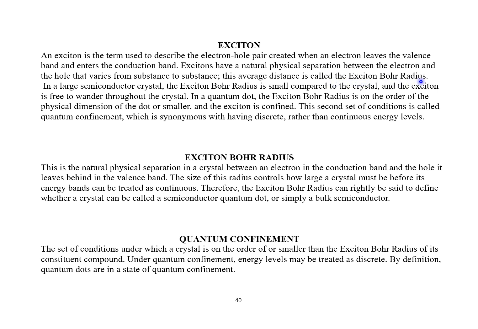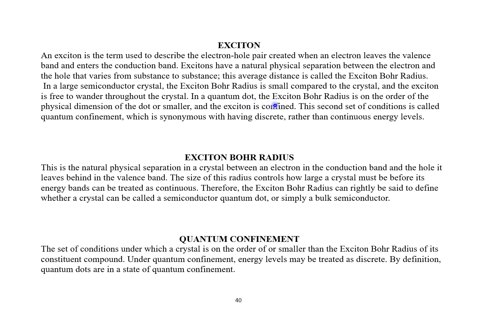تسمى بال exciton Bohr radius. In a large semiconductor crystal معناته بال bulk, the exciton Bohr radius is small compared to the crystal, and the exciton is free to wander throughout the crystal. فطبعا بالكريستال بال bulk راح تكون ال exciton Bohr radius صغير بالنسبة للكريستال أو particle size, ذلك يكون free to wander يتنقل throughout the crystal.